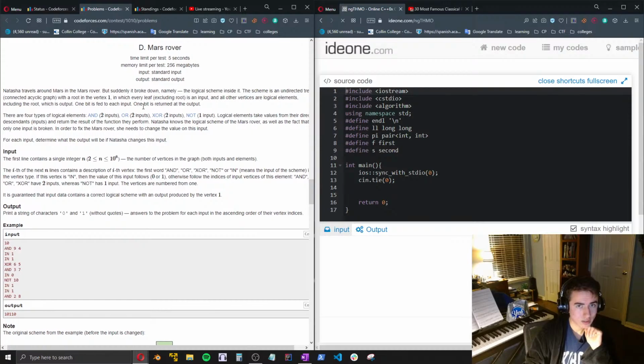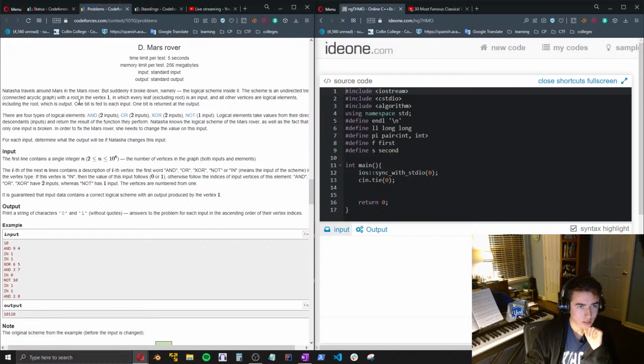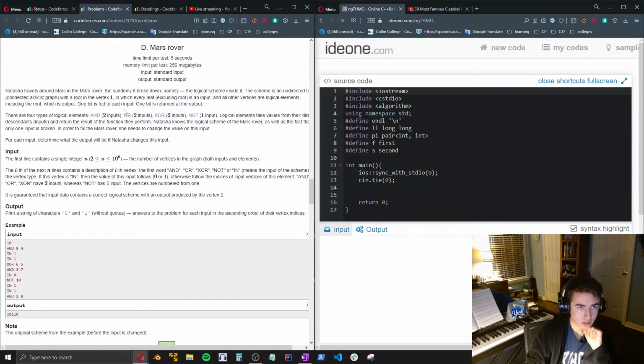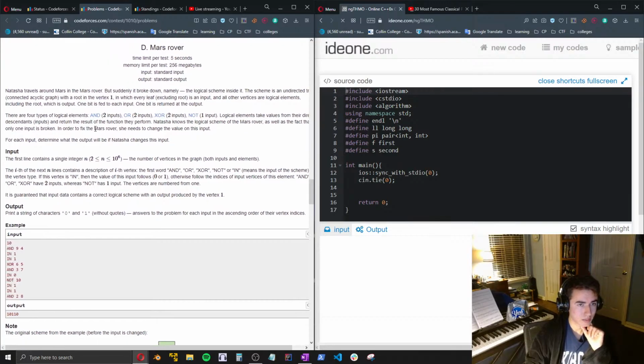I see. Undirected tree. There are 4 types of logical elements, which take values from their direct descendants.